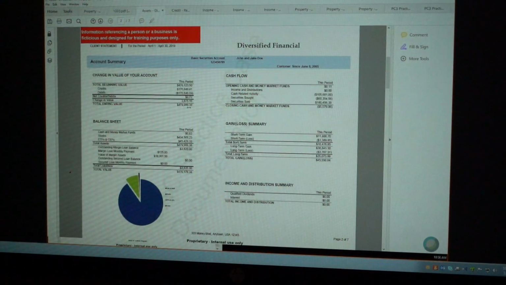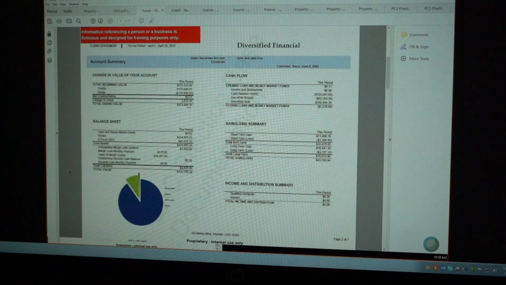But before we do that, we have to review the account. Like I said before, make sure everything has been exercised, whether you have any outstanding warrants that have not been fully exercised, or if you have any margin loans that you need to take out.